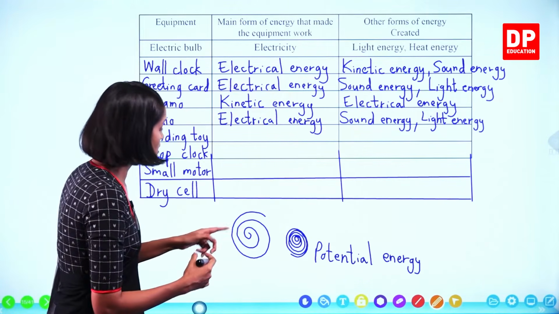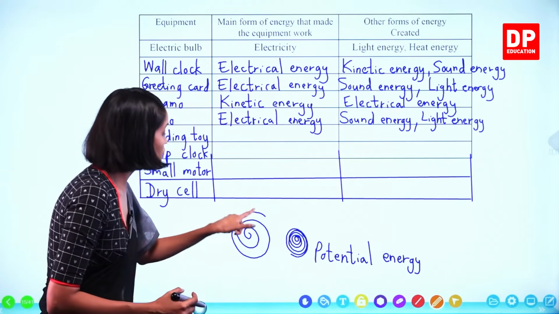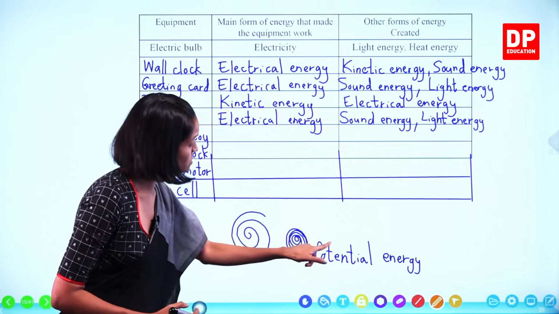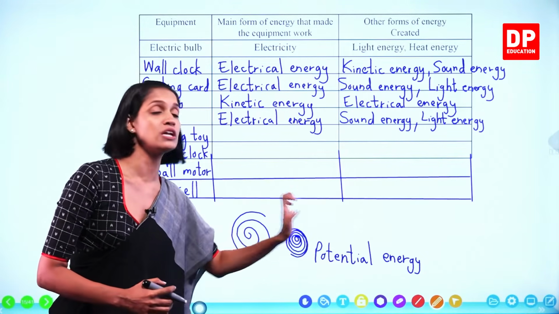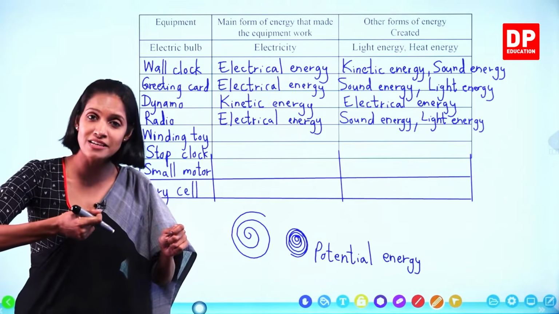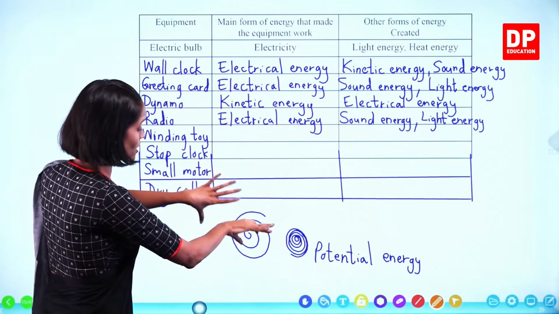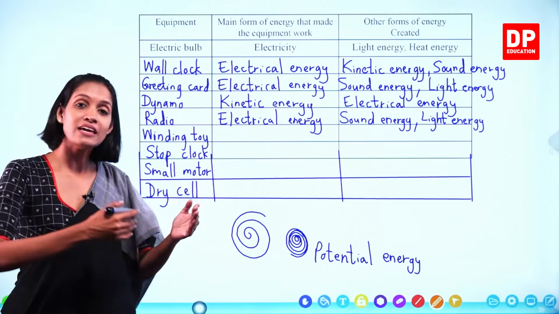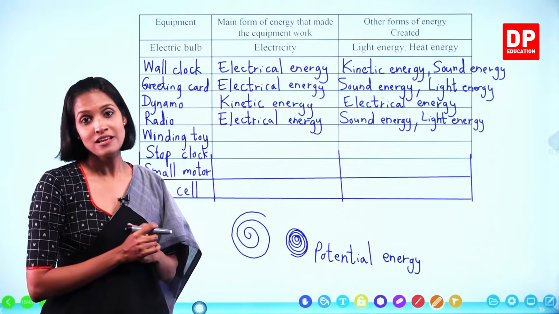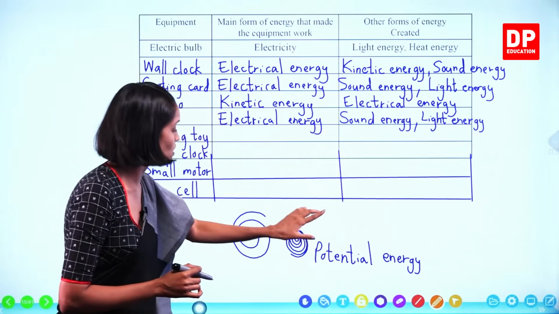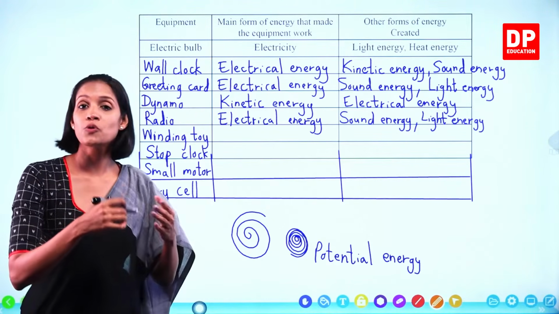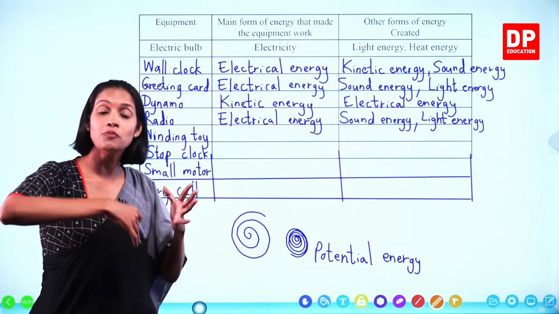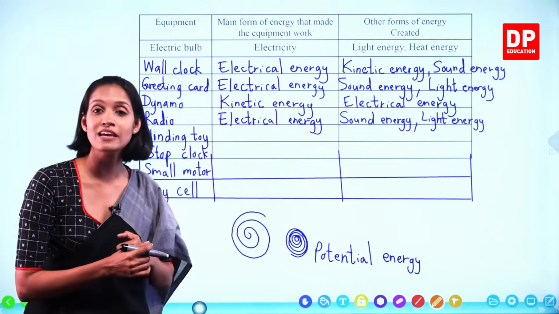Right? Due to winding, you all can see the shape of the spring changes. Because of the change of this shape, it stores a certain type of energy which is known as potential energy. So when you release the key, what happens? This spring goes back to its normal position. While it's going back to its normal position, it makes the small toy move. Right, children? Therefore, the potential energy, when it goes back to the normal position, makes the winding toy move, which means it contains kinetic energy.